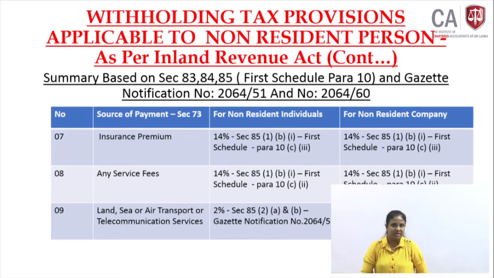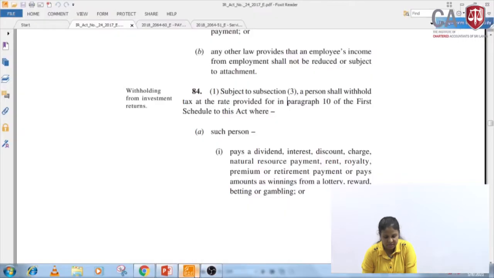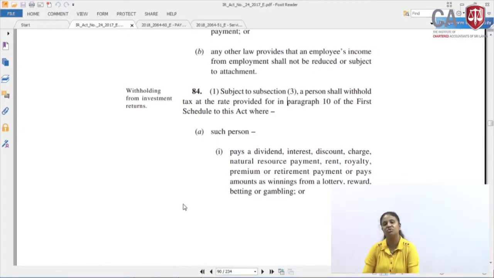I think the summary is okay for you all, but other than this, I really want to go to the Inland Revenue Act again, and we will look at what these provisions are. Then you can tag those things or highlight whatever you want based on the Inland Revenue Act. Okay.